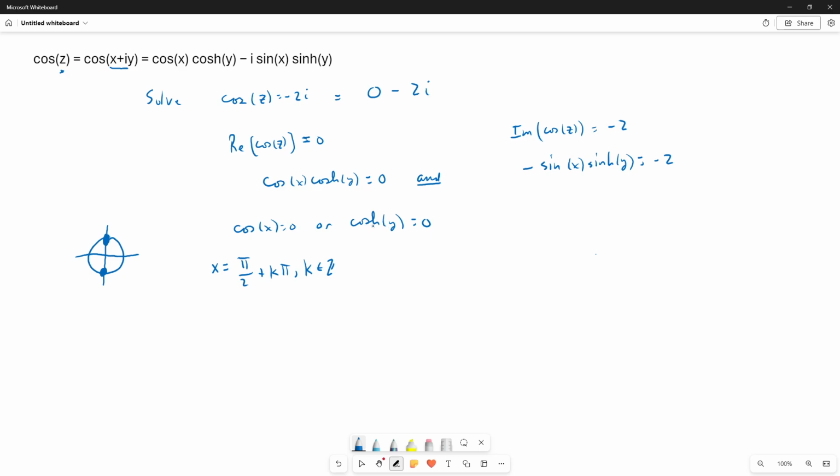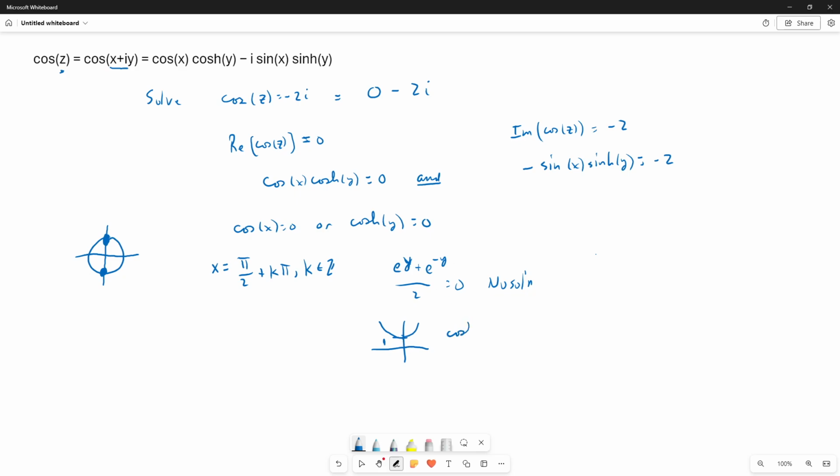Cosh y, hyperbolic cosine of y, equals 0. That means e to the y plus e to the minus y over 2 is equal to 0. There's no solution to this equation because the exponential functions here are both positive. So there's no solution here. The hyperbolic cosine function has a minimum of 1 at 0.